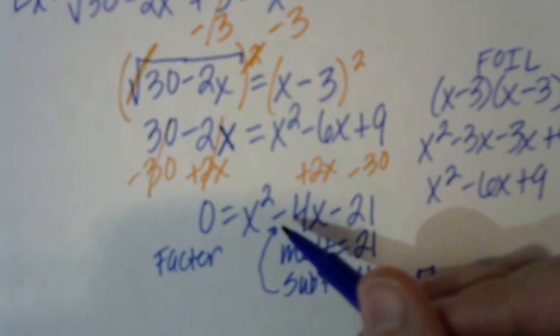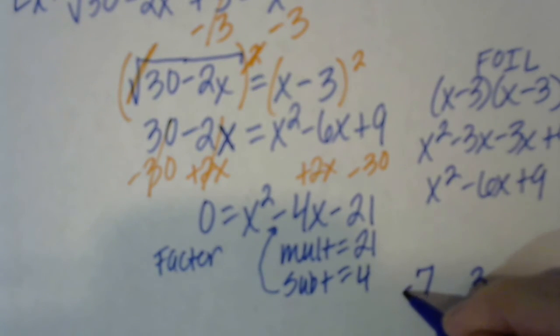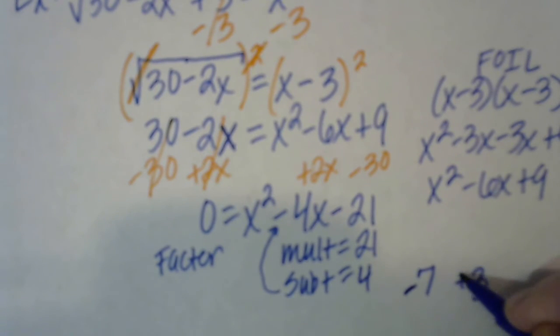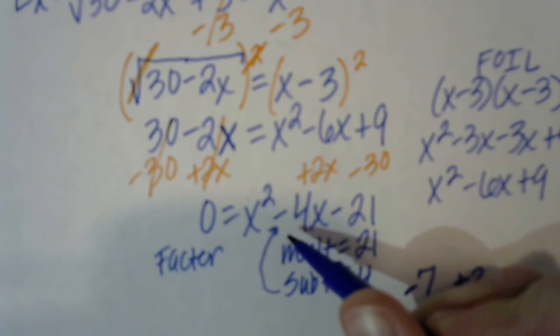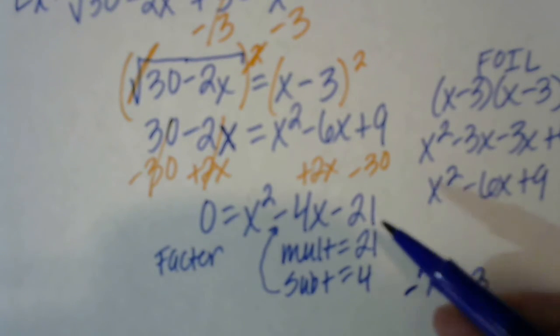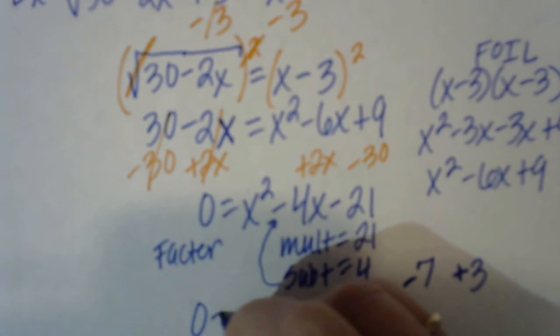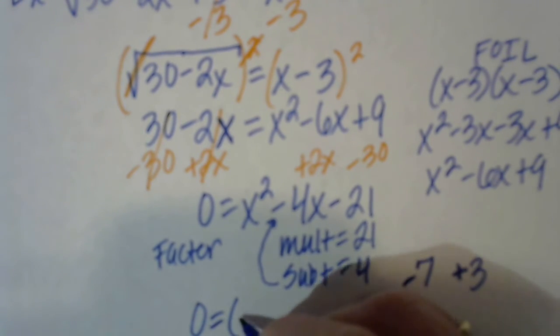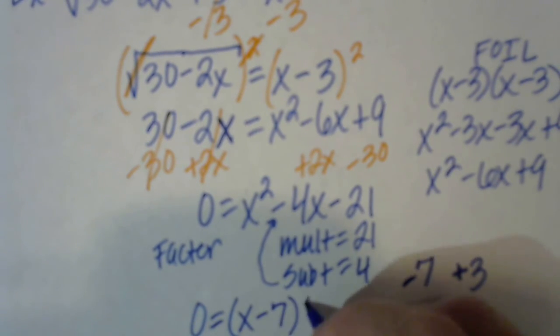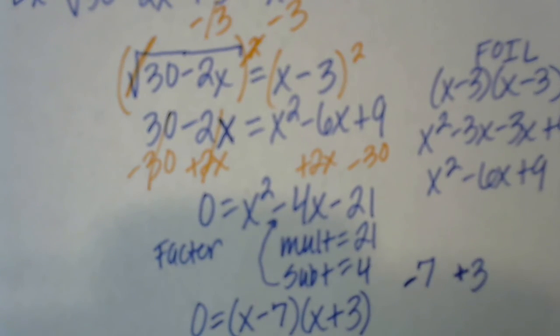And I know that the largest of these two numbers should match the middle term. So this needs to be a -7 and a +3. -7 and +3 give me -4, and -7 times +3 gives me -21. So that gives me 0. And I'll have x minus 7 and x plus 3.